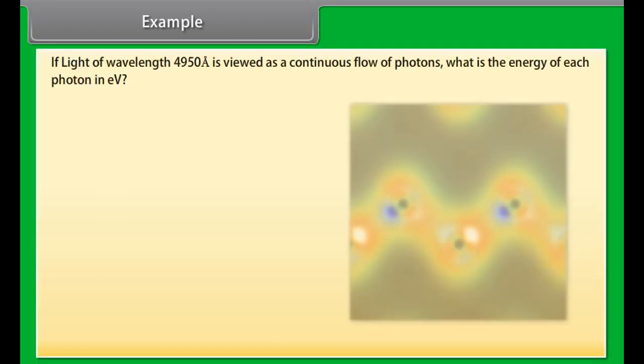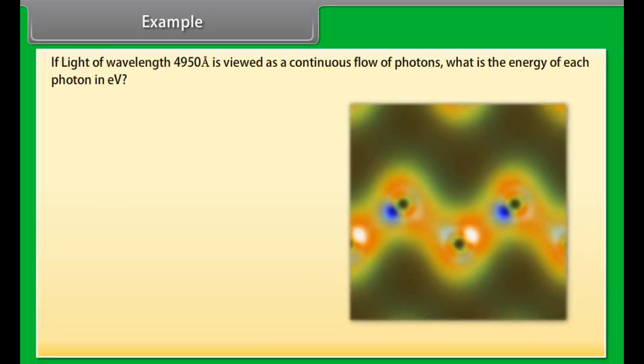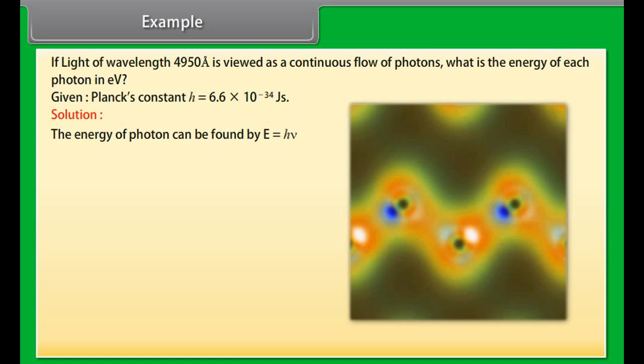Example: if light of wavelength 4950 angstrom is viewed as a continuous flow of photons, what is the energy of each photon in eV? Given Planck's constant h as 6.6 × 10^-34 joule second. Solution: the energy of a photon can be found by E equals h nu, E equals hc by lambda, name it as equation 1. c is the speed of light, which is 3 × 10^8 meter per second.